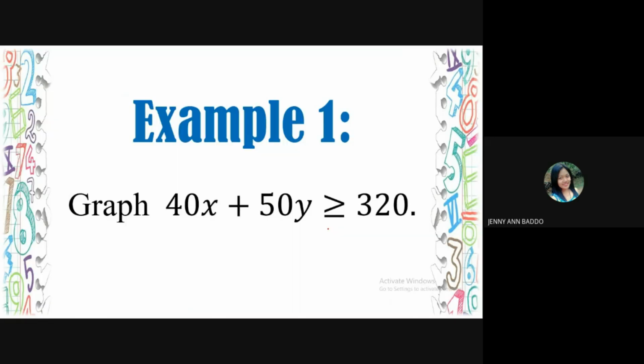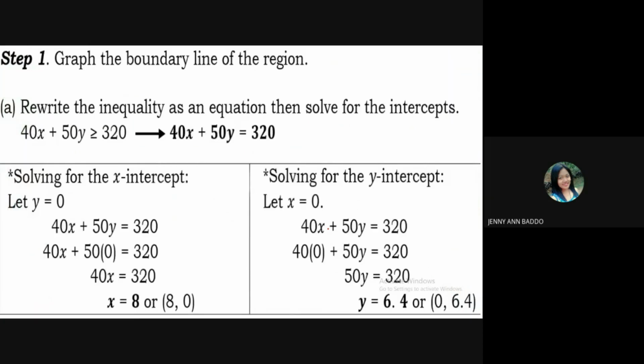Example 1. Graph 40x plus 50y is greater than or equal to 320. So first, we have to change the inequality symbol to an equal sign. So from 40x plus 50y is greater than or equal to 320, we now have the equation 40x plus 50y equals 320.